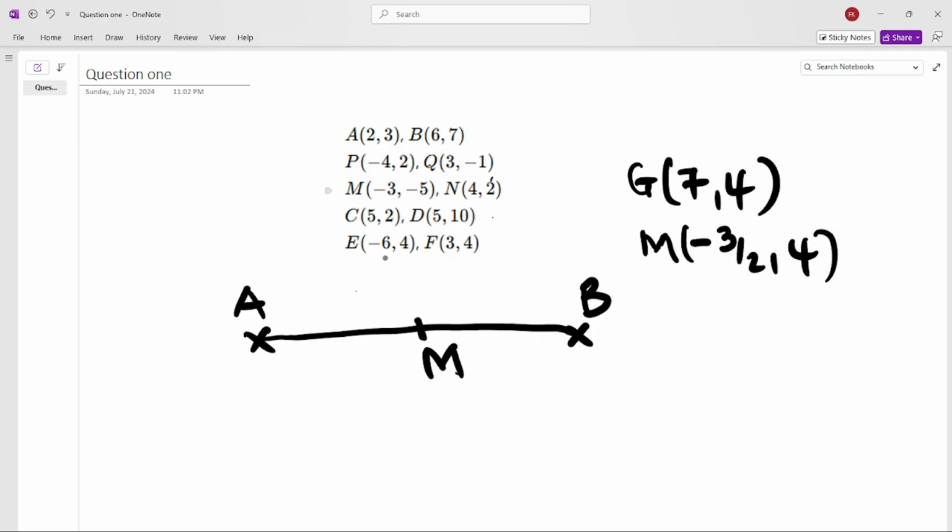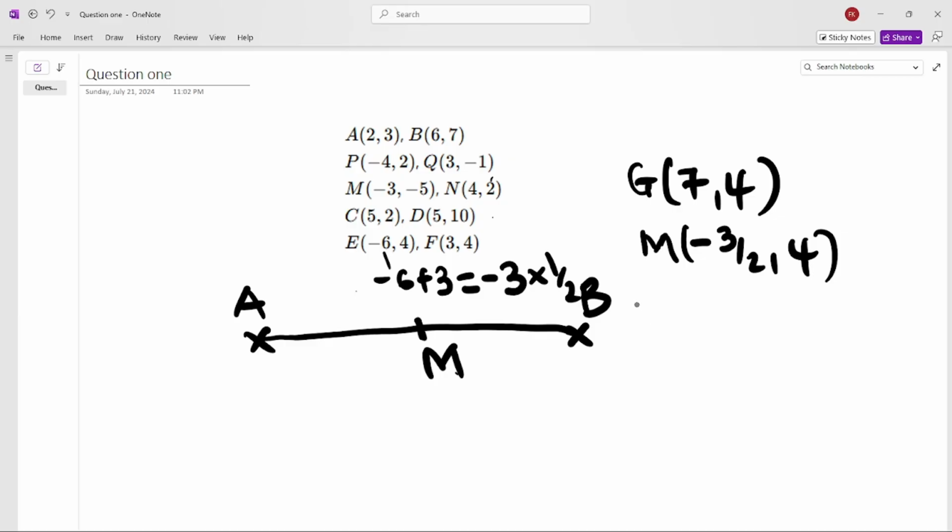Let's go step by step. What are the S values for E? Negative 6 plus 3 will give you what? Negative 3. After you do the addition, what should you do? You multiply by half, right?